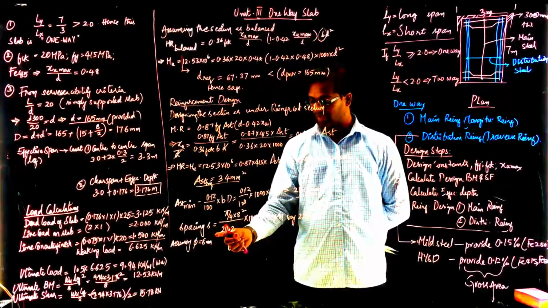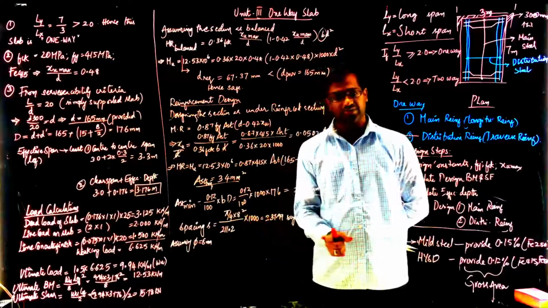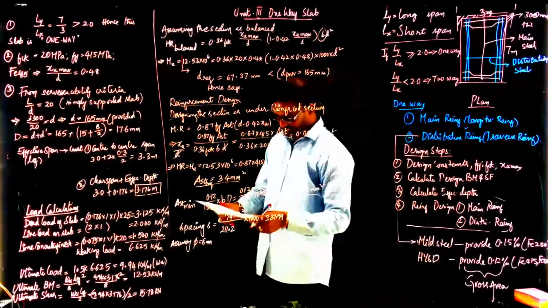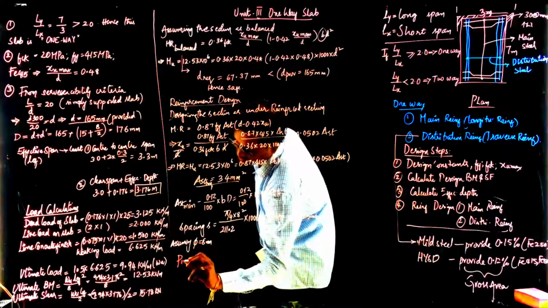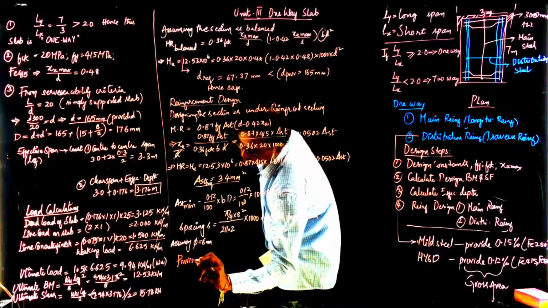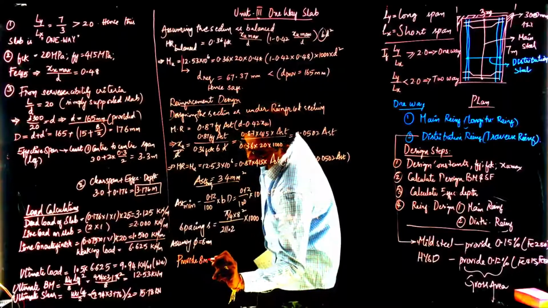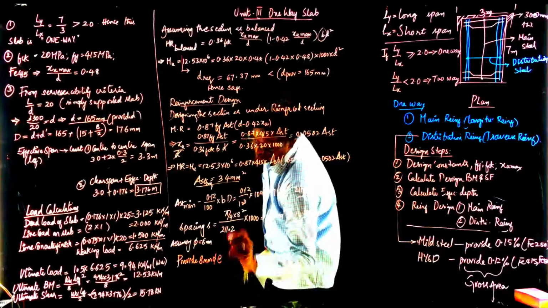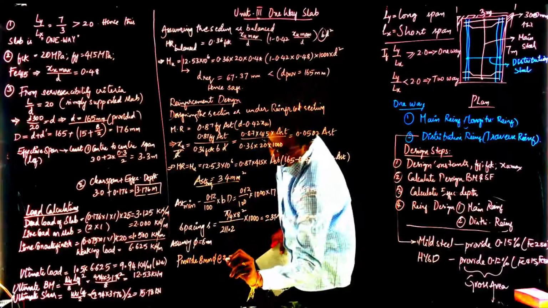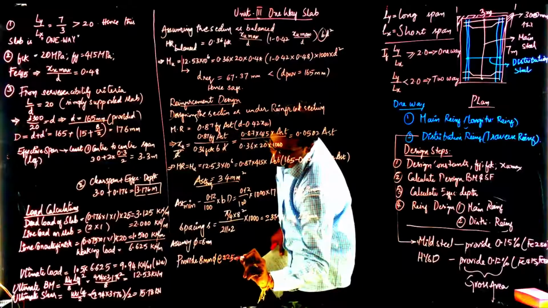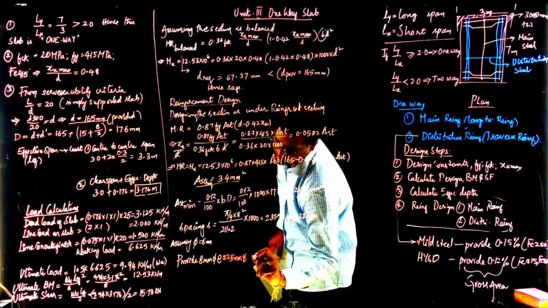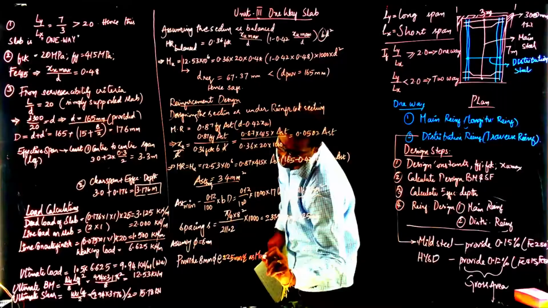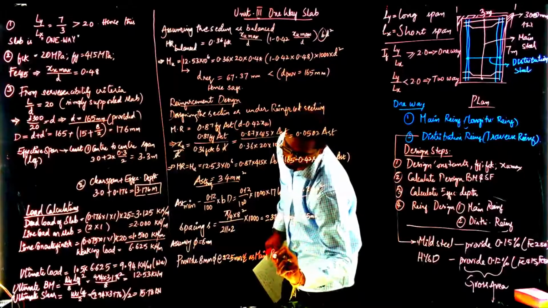So write down a statement here: provide 8 mm diameter at the rate of 225 mm center to center as main reinforcement.